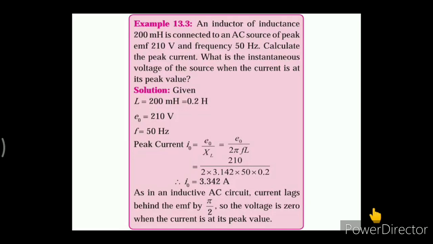So for this example, the peak current for the peak EMF of 210 volt is I0 equal to 3.342 ampere, and the instantaneous voltage of the source is 0 when the current is at its peak value.